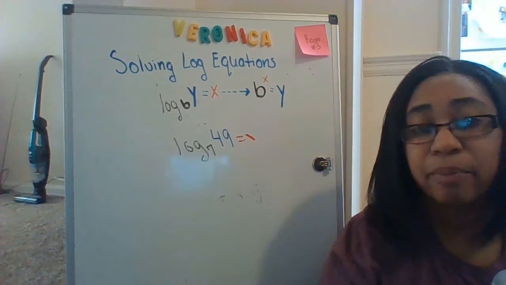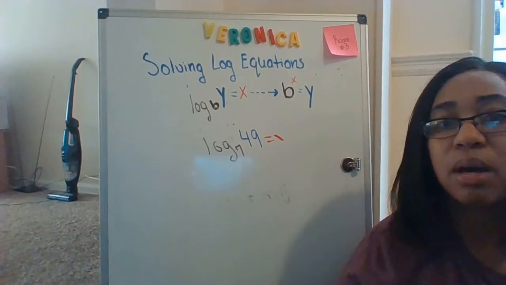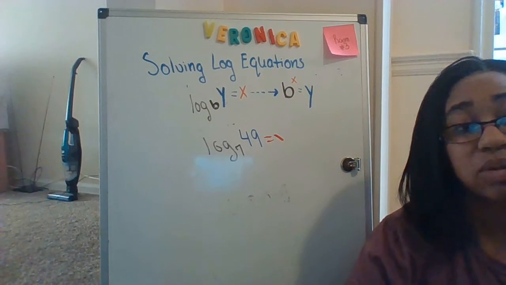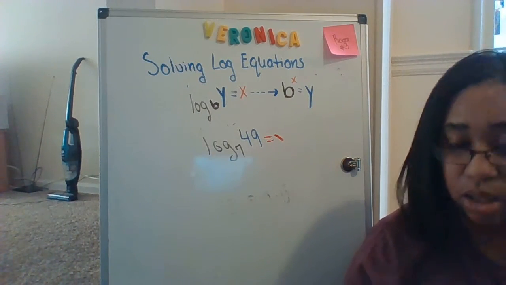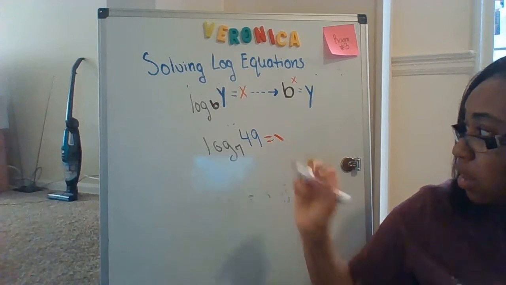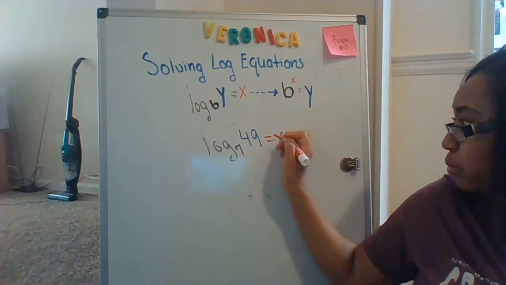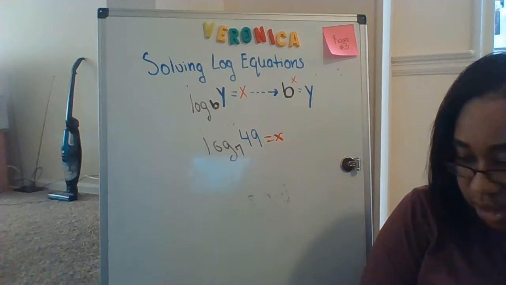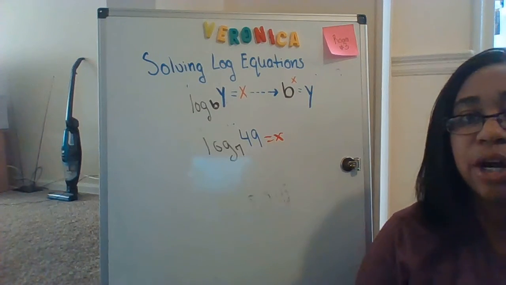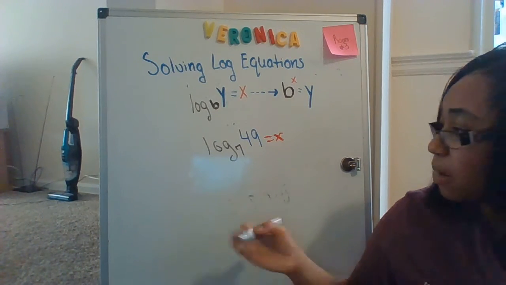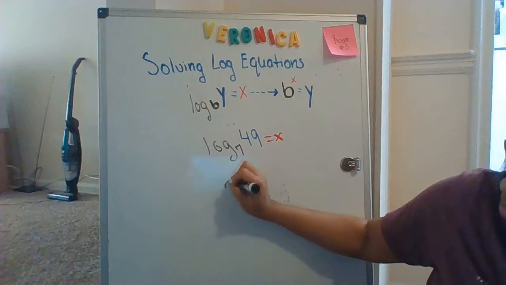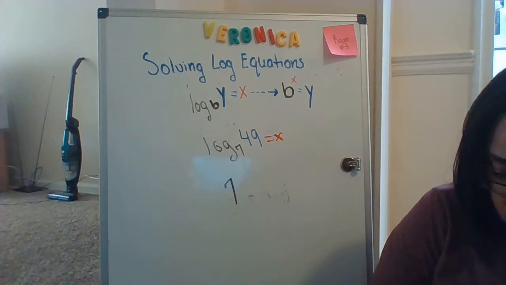So what I was saying was log base 7 of 49 equals x. And once again, you are looking for the exponent that makes it true. So if I rearrange this using my nice little color coding chart, I keep my base in black, 7.